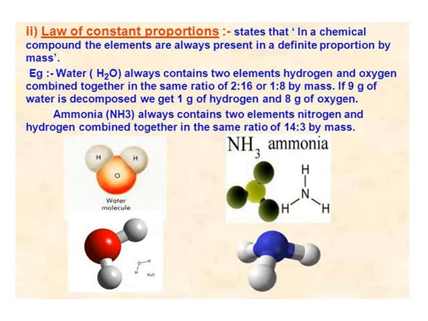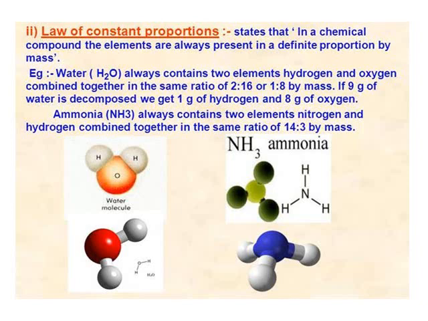Similarly, we can take the next compound, ammonia, NH3. Here one part of nitrogen combines with 3 parts of hydrogen to give ammonia. So ammonia always contains two elements, nitrogen and hydrogen, and they combine together in the same ratio 14:3. How did we get this 14?